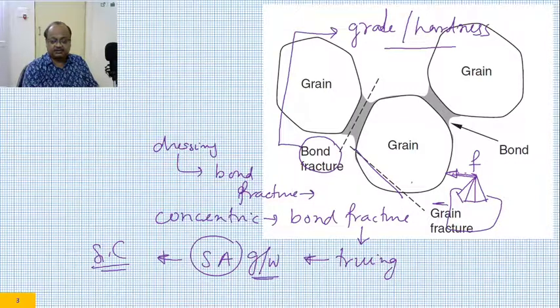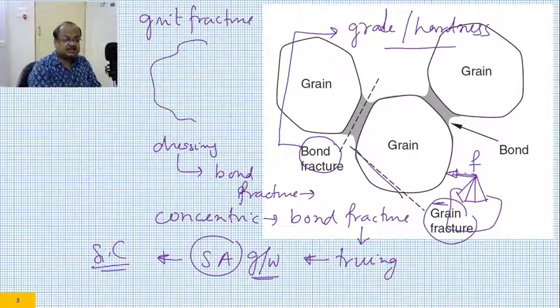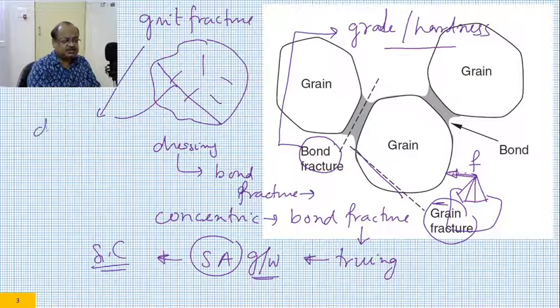The other one is called grit fracture. Grit fracture can also generate a sharp cutting edge.